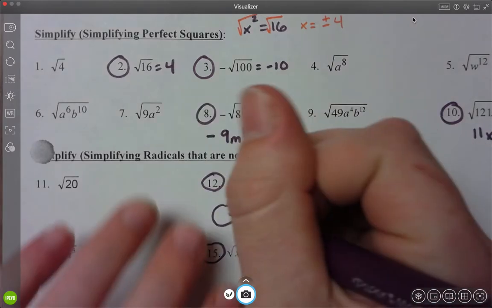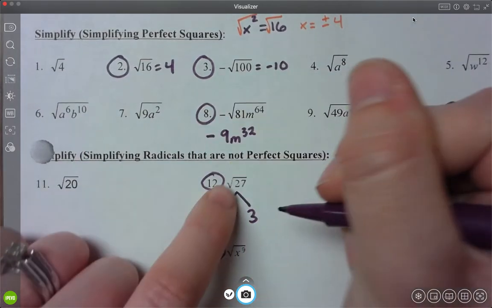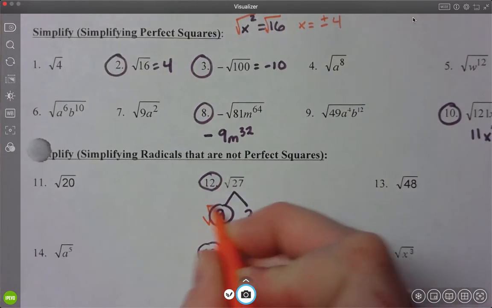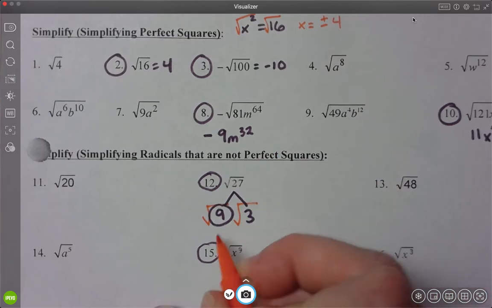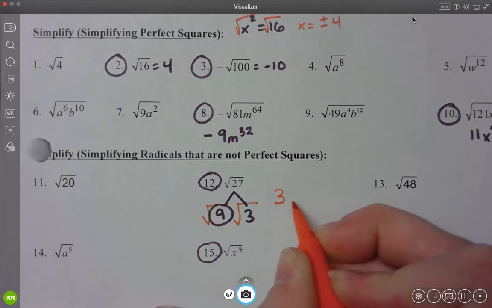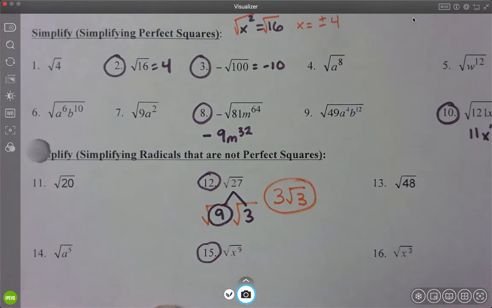That number is 9, and 9 times 3 gives me 27. So I write it as the square root of 9 times the square root of 3, which gives me the square root of 27. But the square root of 9 is just 3, and the square root of 3 doesn't simplify, so that's 3 square roots of 3.